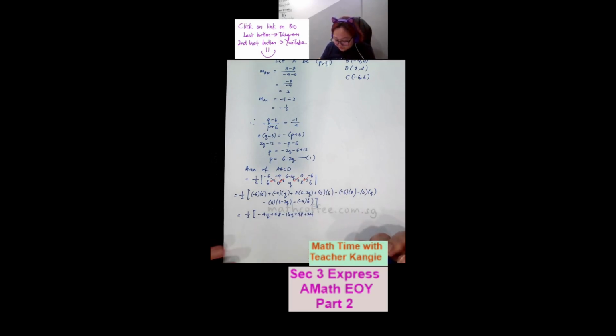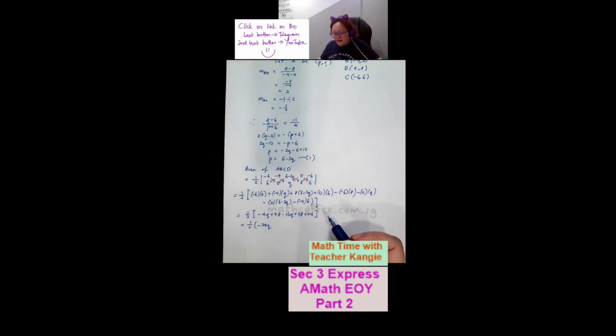And the whole thing, if you're going to simplify, of course, I have half of minus 4Q plus 48 minus 16Q plus 48 plus 24. And this whole thing, half, let's see, my minus 4Q minus 16Q, I have minus 20Q.